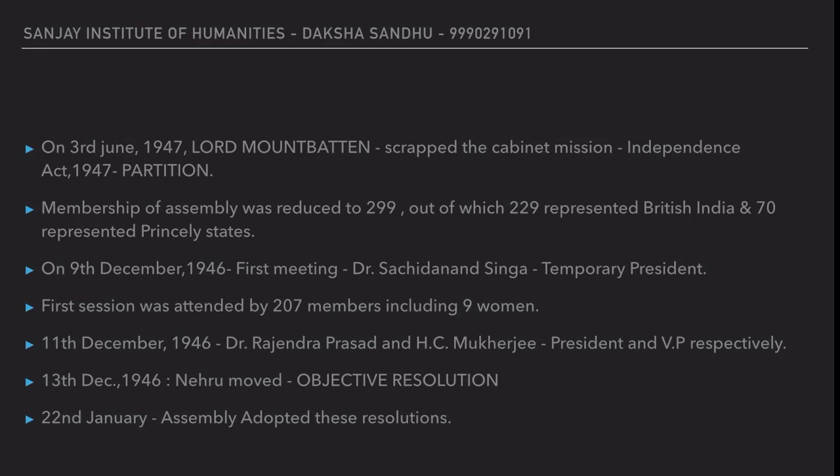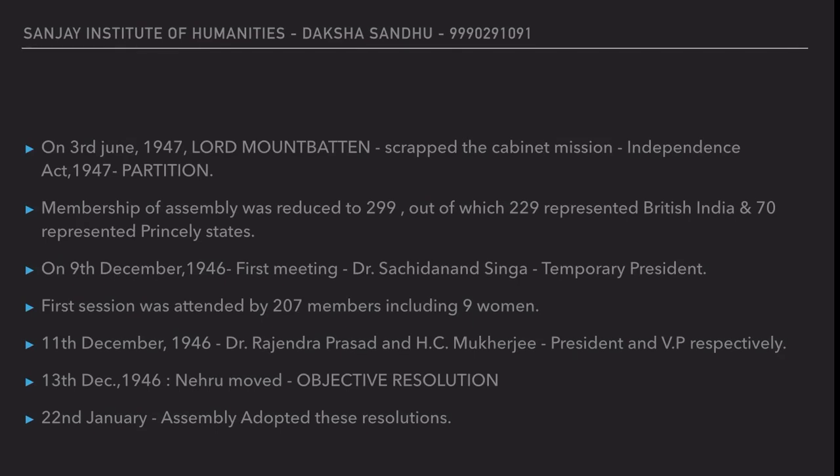As a result, the membership of the Indian Constituent Assembly was reduced to 299, out of which 229 represented British Indian provinces and 70 represented princely states. So the number got reduced to 229 representing British Indian states and 70 representing princely states after the Mountbatten Plan of 3rd June 1947.